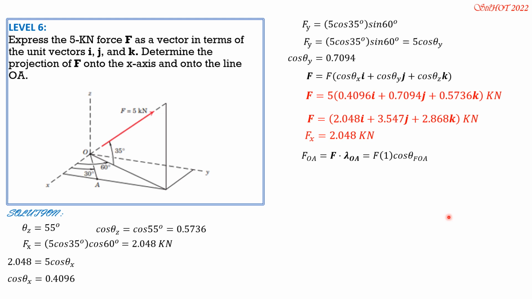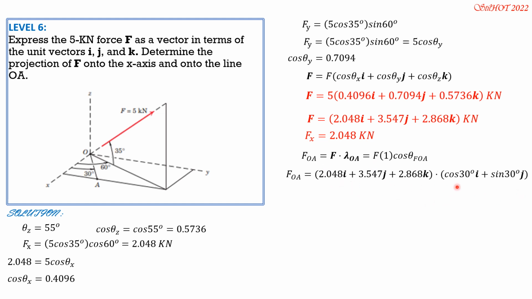So you may also look at that product in the discussion. So FOA is vector F, this one, dotted with lambda of OA, which is quantity cosine of 30 i plus sine of 30 j. Remember that for the dot product, we just obtain the product of corresponding components.